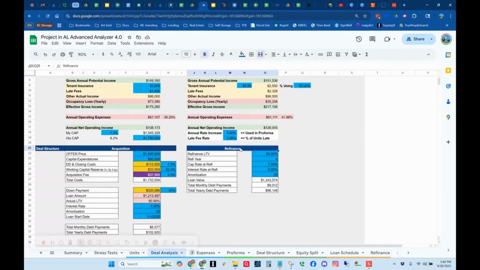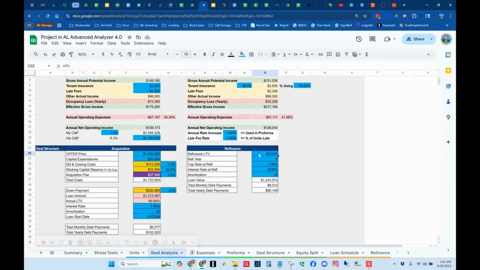And then this section down here is used to refinance. So after you get the facility stabilized, you want to refinance. And to refinance, we use a loan-to-value ratio of either 70 or 65%, depending on what the banks will offer.